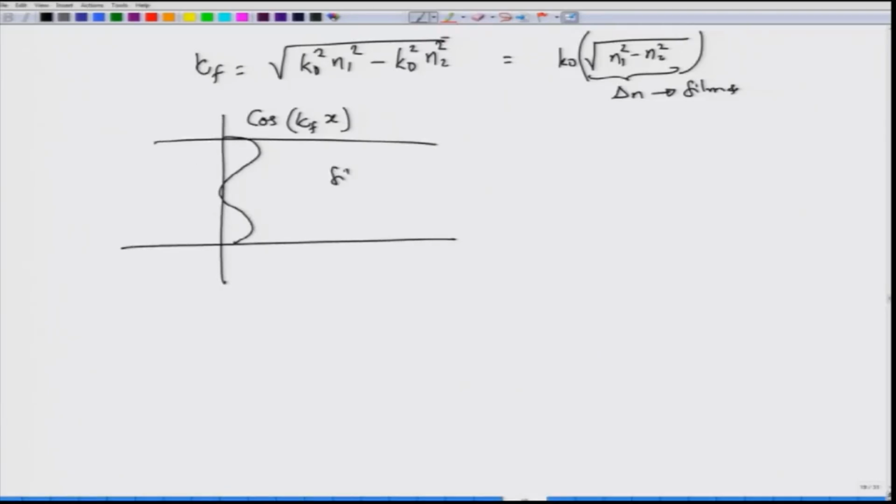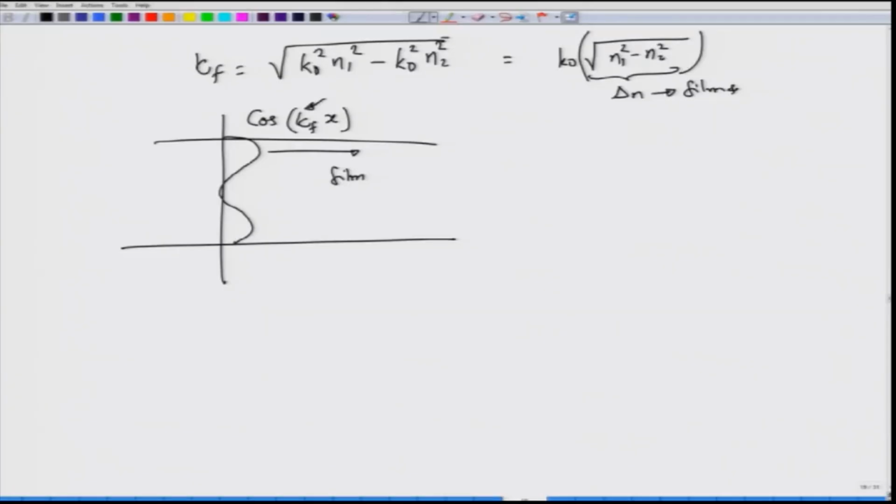So, this is the film region, and this is the pattern that you would see transverse to the direction of propagation, and it is this pattern which would propagate along the z direction. So, that is why kappa f is important. A real value of kappa f means that this pattern would also be real, and it would be this pattern which would propagate further.